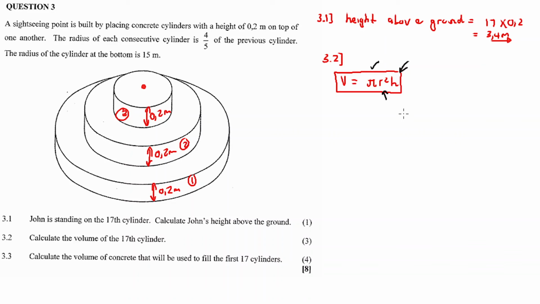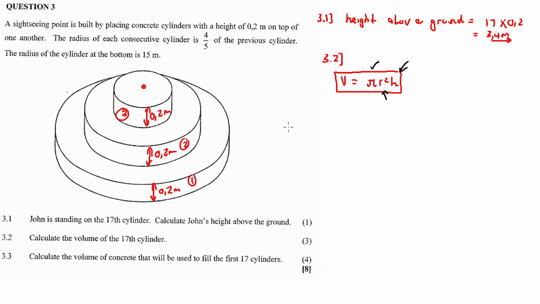There is a pattern in the radius of the cylinders, and it has to do with 4/5. So let's check.